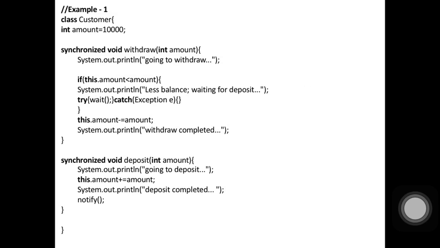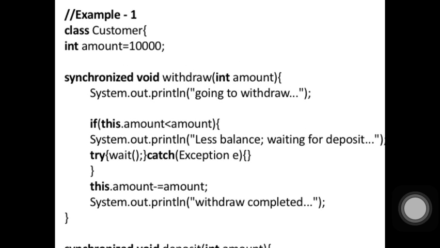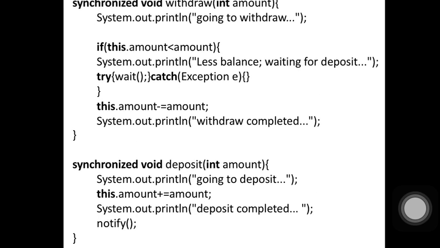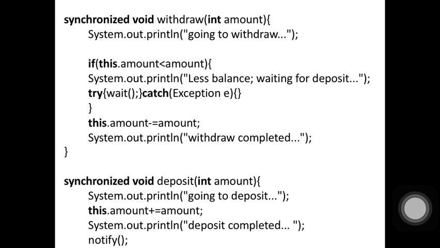And we have a simple example for this inter-thread communication. Here we have a class with the name Customer, and I added one variable with the name amount equal to 10,000. And here I have two methods with the names withdraw and deposit. These two are synchronized methods, and withdraw accepts one parameter, amount, and shows some information, going to withdraw.